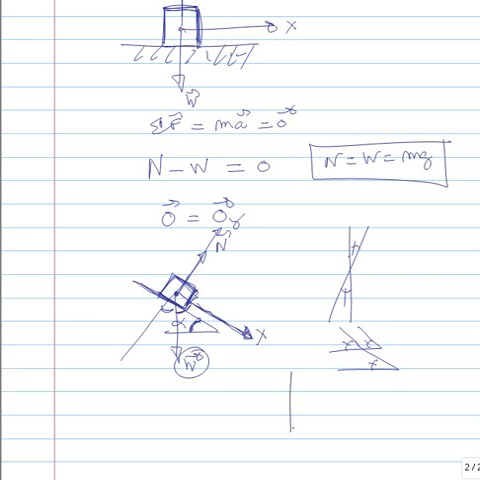If you have this, such that this is perpendicular to this, and the others are perpendicular to each other, this angle is the same as this angle.